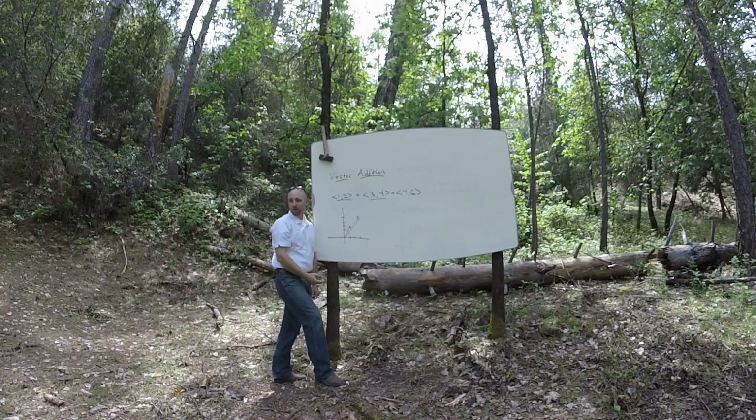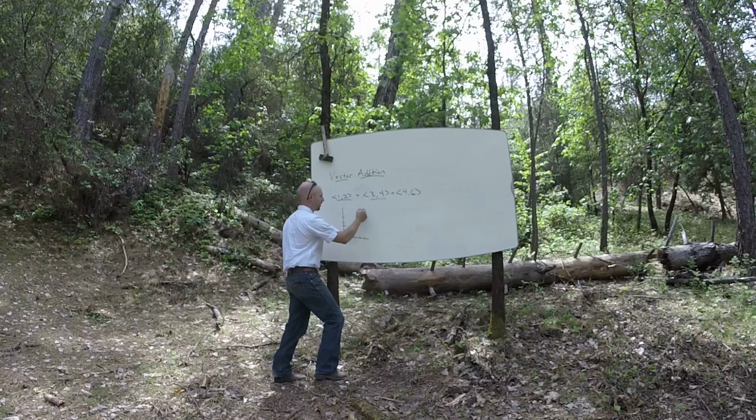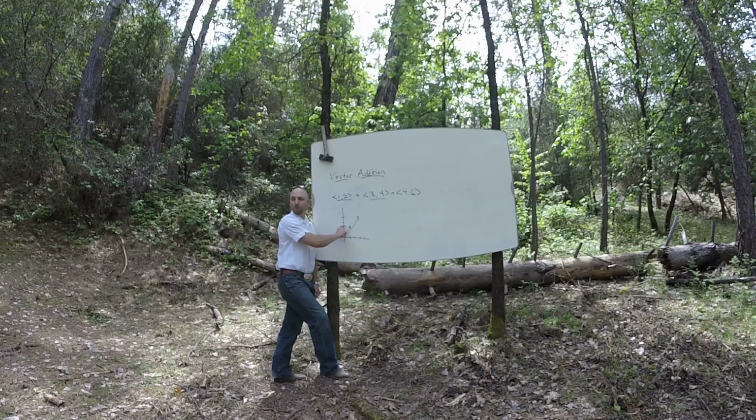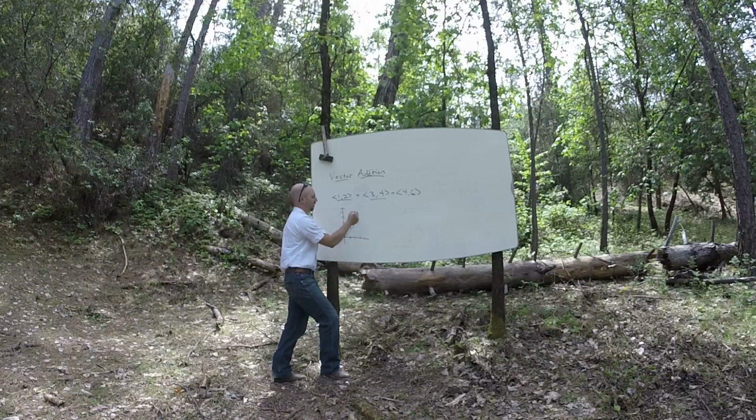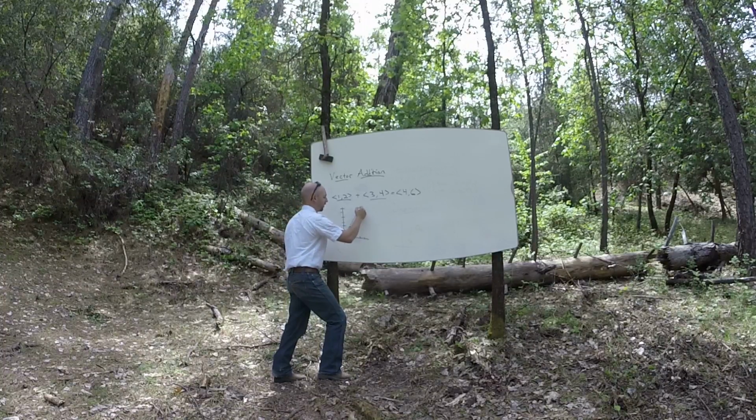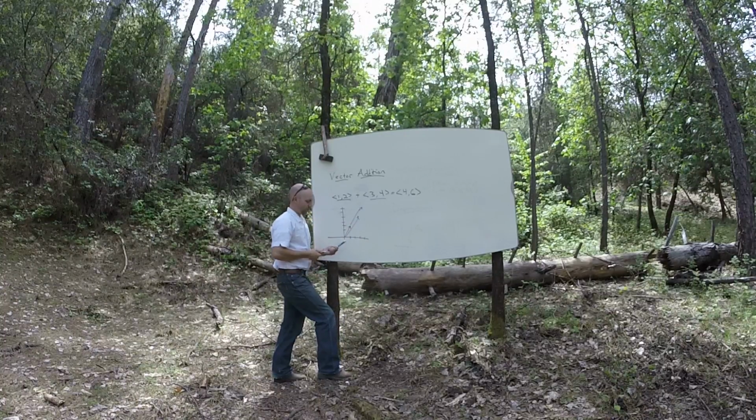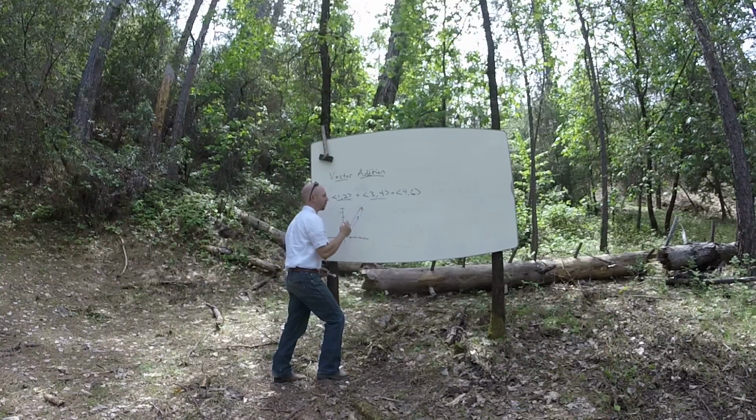That's going to make a total of over 4, right? And then I'm going to get an up 2 from the black and an up 4 from the blue. It's going to give me a total of up 6. And that's exactly what would happen if I added the blue arrow to the end of the black arrow, or the black arrow to the end of the blue.